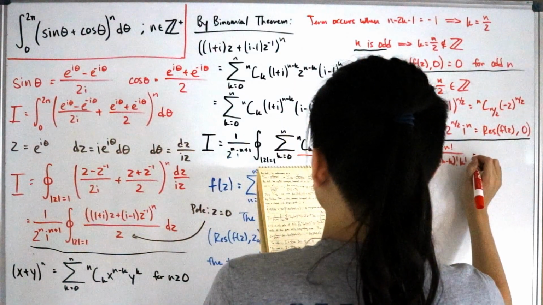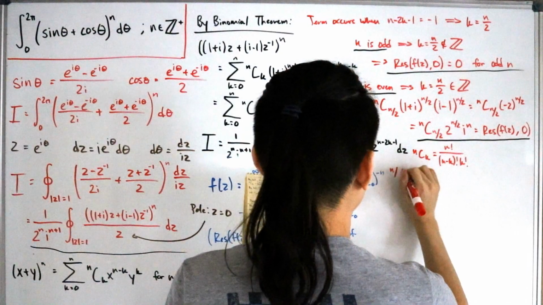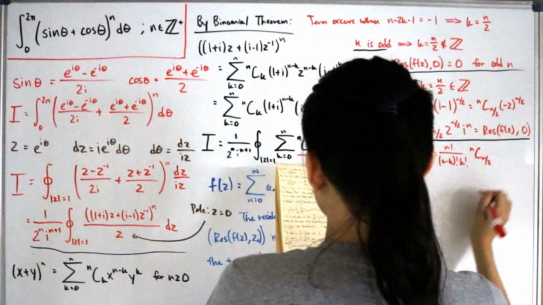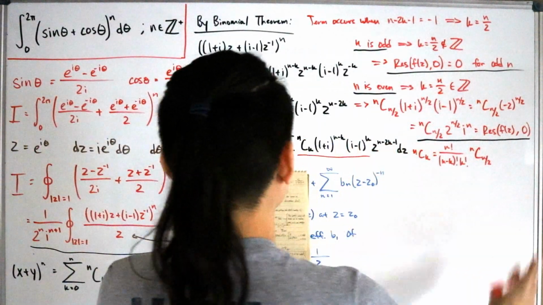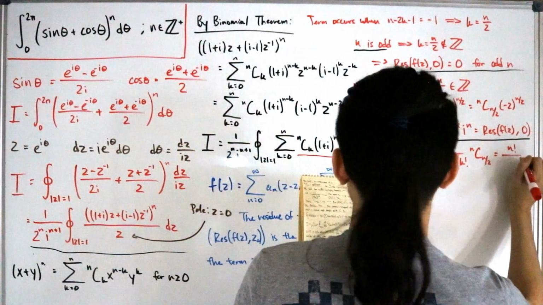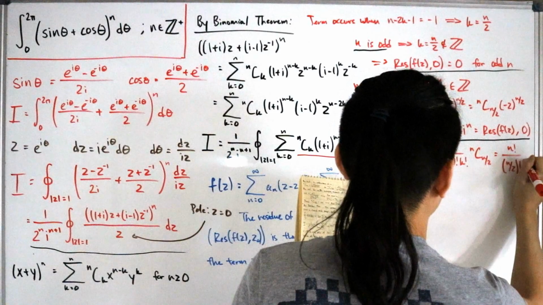If we plug in k equals n over 2 and simplify everything, you notice that n choose n over 2 is just n factorial divided by (n divided by 2) factorial squared.